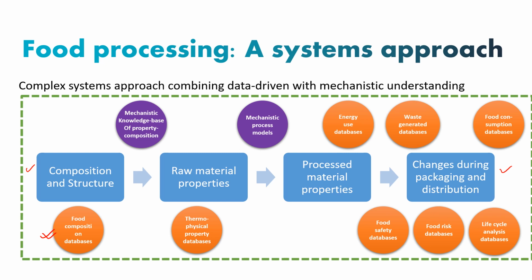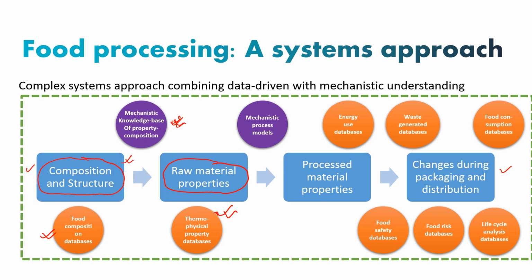Then there are models and empirical information that relates the composition and structure of these food materials to the raw material properties. What kind of properties? Like thermophysical properties. So either we have property databases or we have relationships that can predict composition and structure to material properties. Not everything is already available.